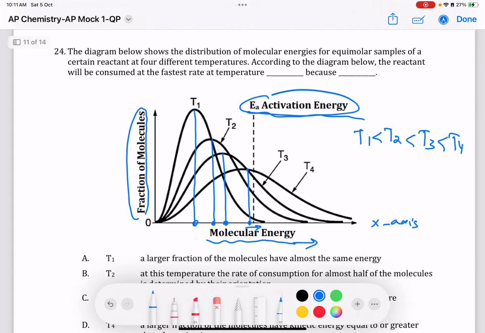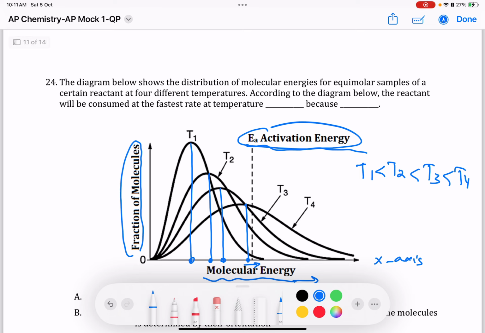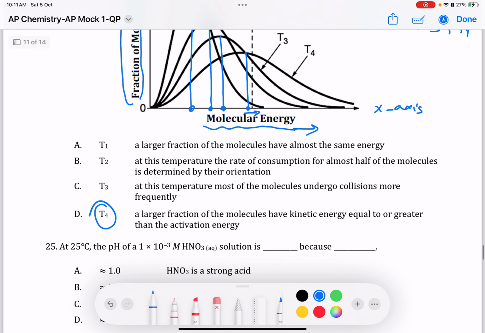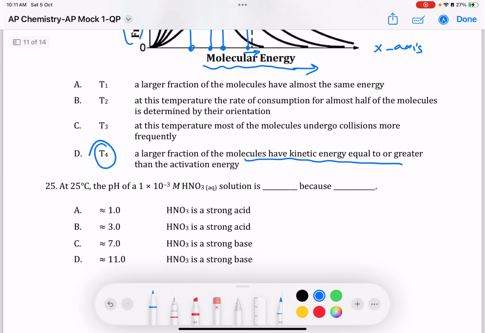So in this question, they want to know where the reactant will be consumed at the fastest rate, of course, at temperature 4, because, okay, let's see here. This is the only choice with T4, because the molecules, yes, of course, they have a higher kinetic energy. Yes, and it's close to the activation energy.